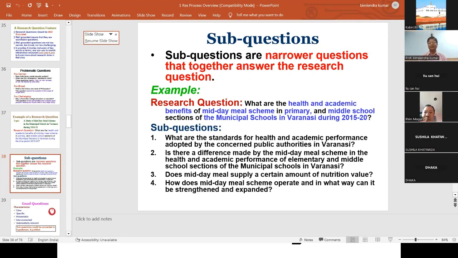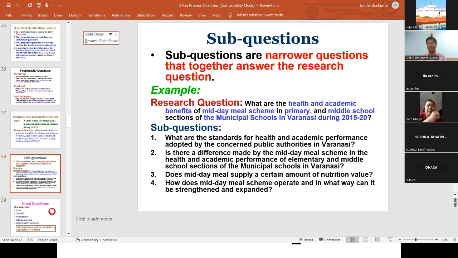And then see how the sub questions are also framed. Sub questions are narrower questions that together answer the main research question. The example research question: what are the health and academic benefits of the midday meal scheme in primary and middle school sections of the municipal schools in Varanasi during 2015 to 20?